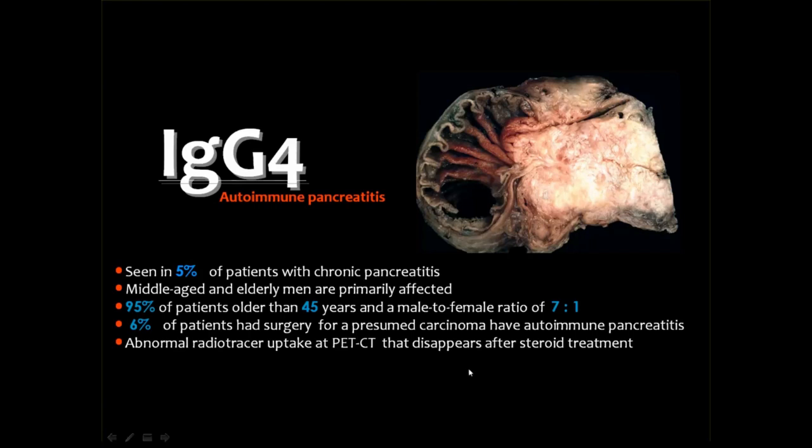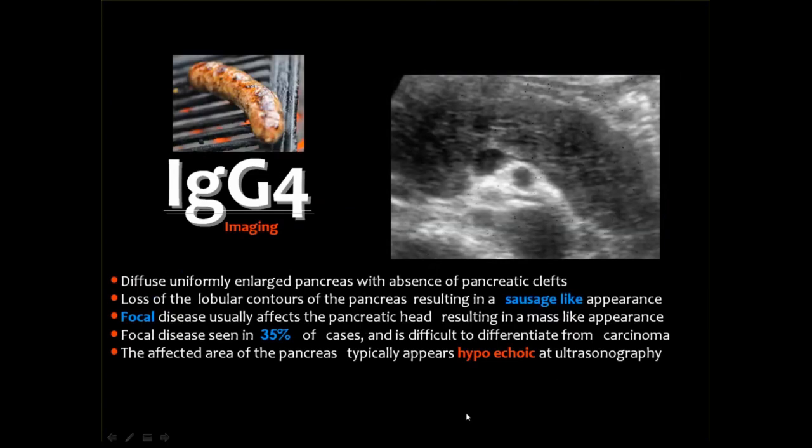One of the common features of this group of the diseases is their metabolic activity on PET-CT and the considerable response to steroid treatment. On imaging, the affected pancreas is diffusely swollen and it has a sausage-like appearance on ultrasound and also on CT and MRI.